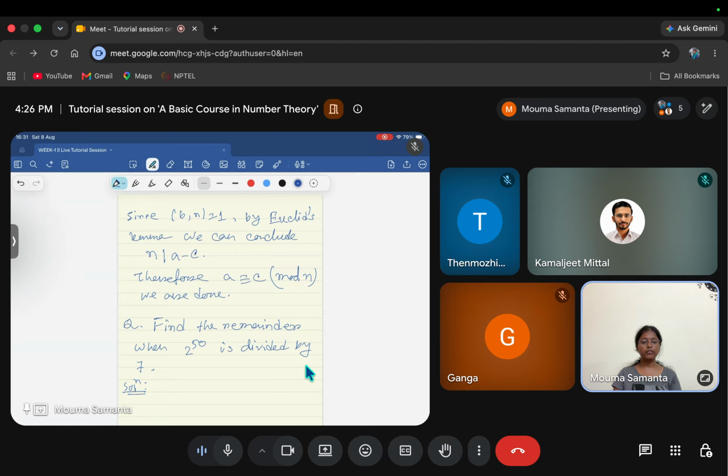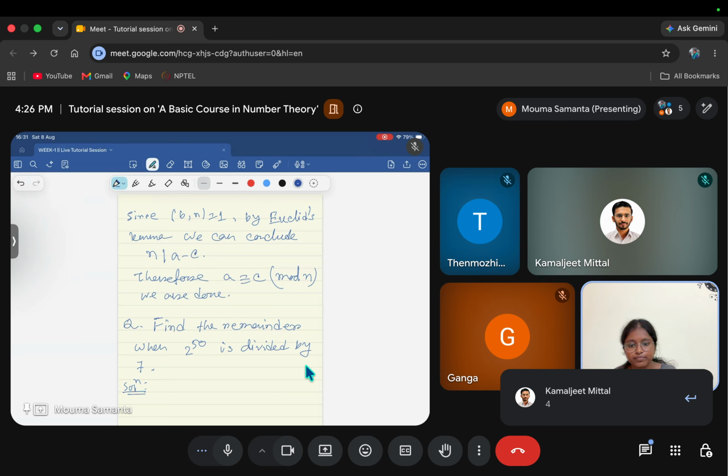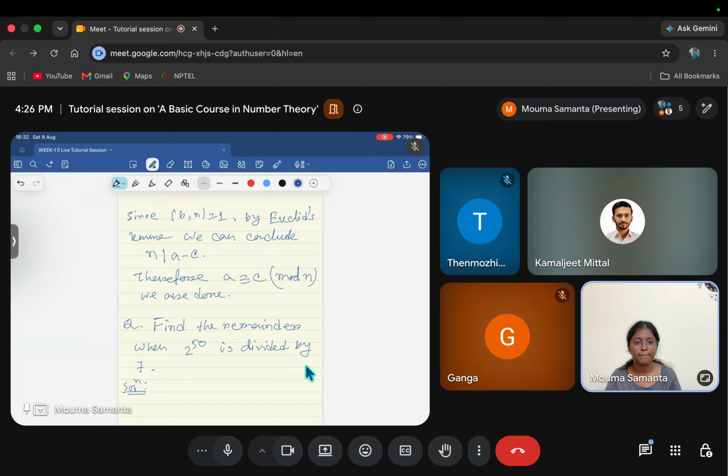Now 2 power 50, what do we do in this case? Can you tell me the procedure of how you solve it?